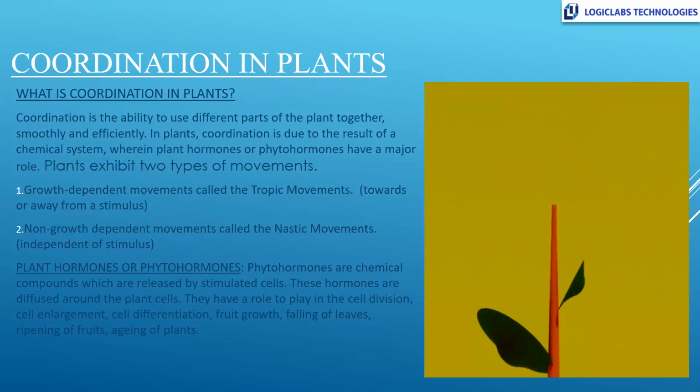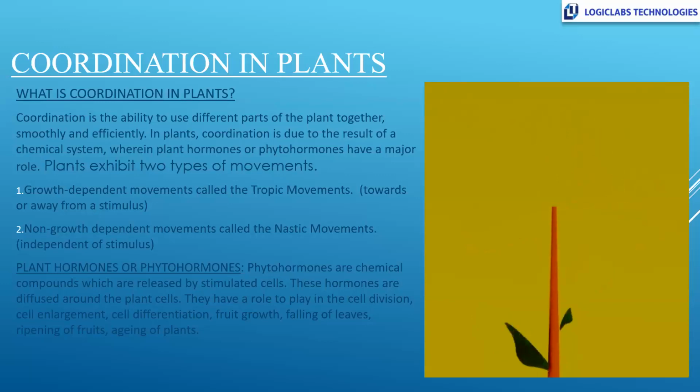Next one is aging of plants. We have different types of ages in plants as we have in humans. Biennial, perennial. So the different age groups are present in plants even. So a plant cannot survive for a longer period of time. Some can survive for 10 years, some may survive for 5 years, some may survive even for 100 years.